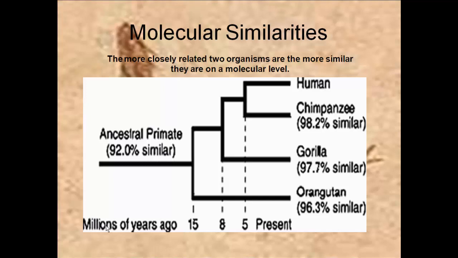So if we can find bones, we can figure out what the DNA structure was and compare it to ours. Ancestral primate, 92% similar, but then you can see here, millions of years ago all the way to present, chimpanzees are 98.2% similar, gorillas are 97.7% DNA similar, and orangutans have about 96.3% similar DNA. So based on that, we could figure out which organism we are most closely related to, and it is a chimpanzee. Okay?